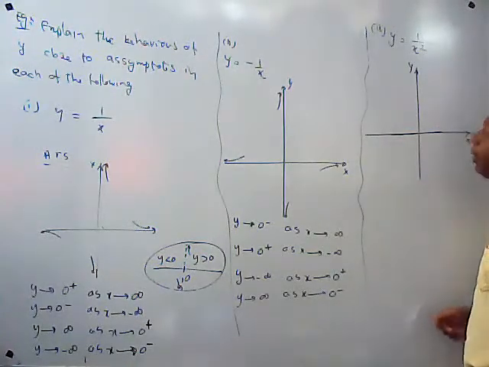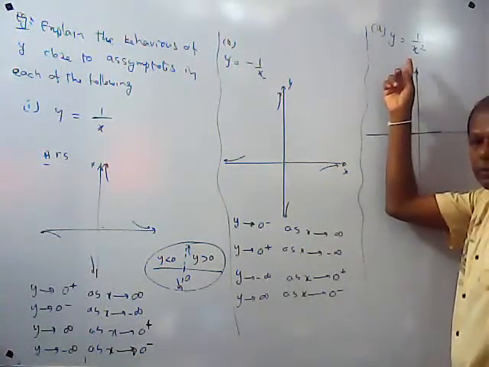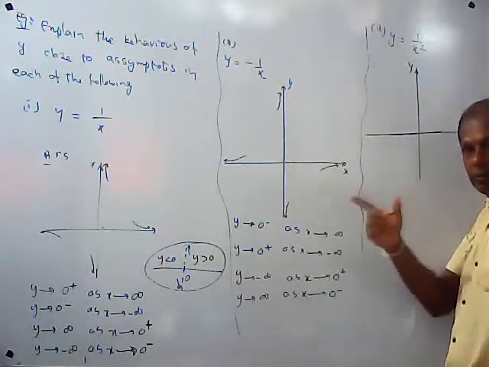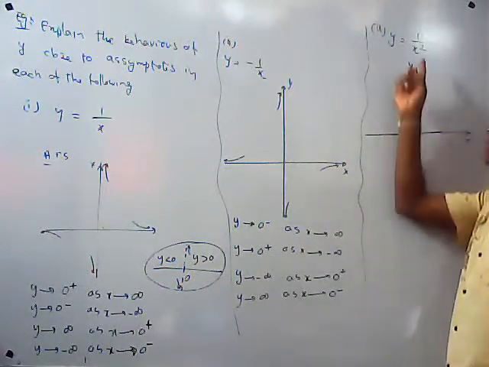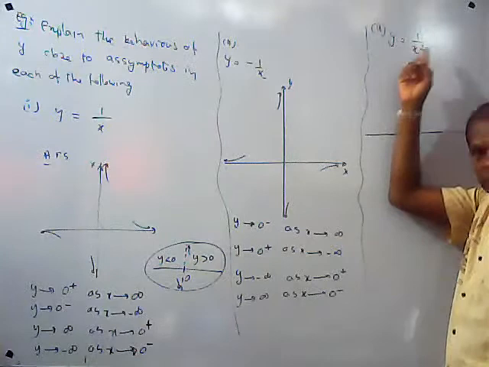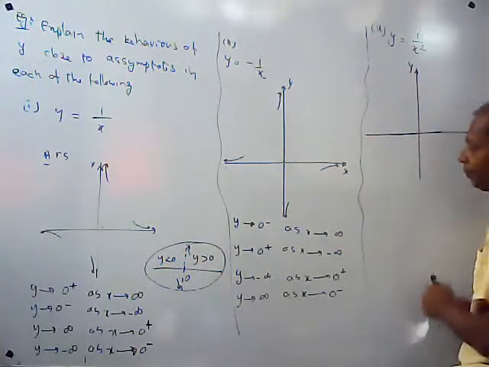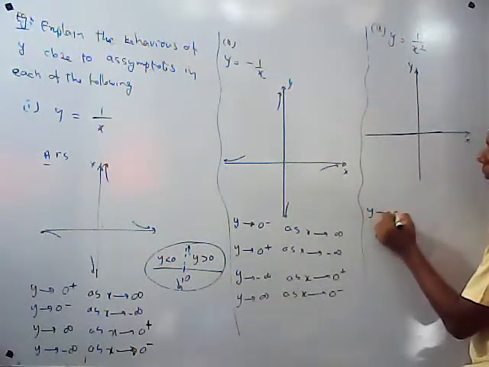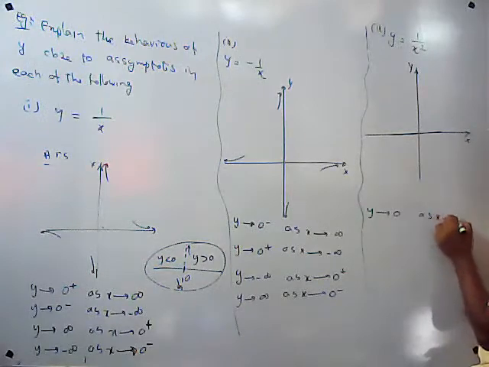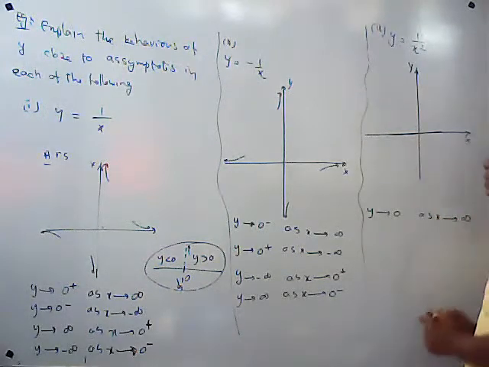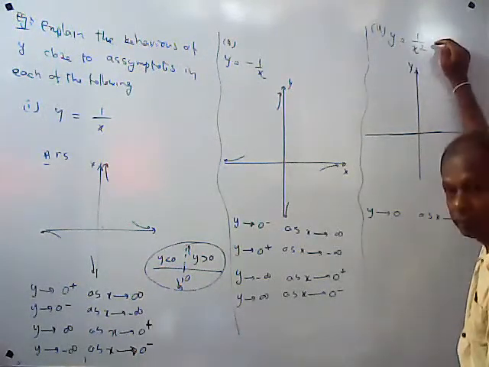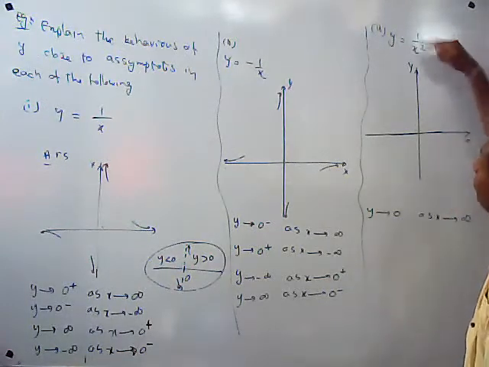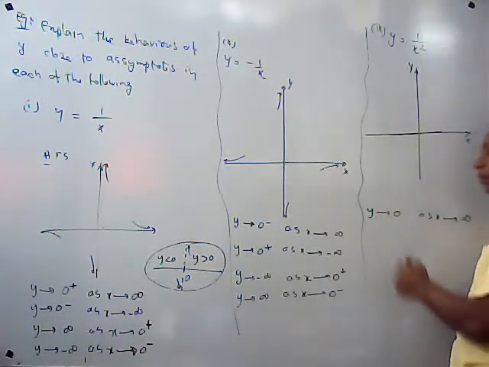Here again, as x goes to infinity, you can check whether there is a horizontal asymptote or not. As x goes to infinity, this will go to 0. So y will go to 0 as x goes to infinity, but x square will be positive, so it will go to 0 from positive values.